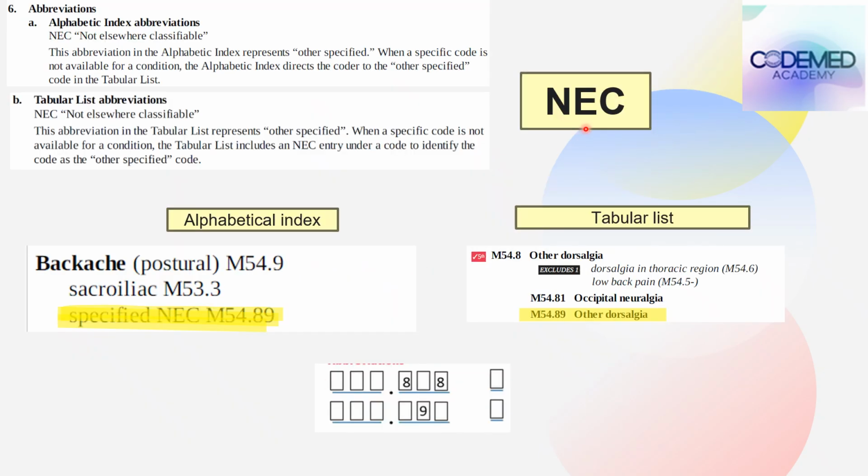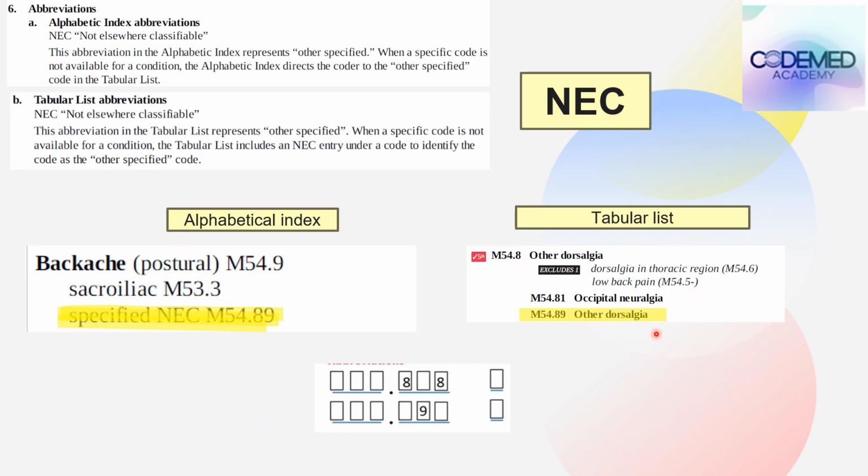Now, next is NEC. NEC stands for not elsewhere classified. This abbreviation in the alphabetical index represents other specified when a specific code is not available for a condition. So in the alphabetical index, you will see the entry specified, not elsewhere classified, and there will be a code. While in the tabular list, you will see not elsewhere classified. This abbreviation in the tabular list represents other specified when a specific code is not available for a condition.